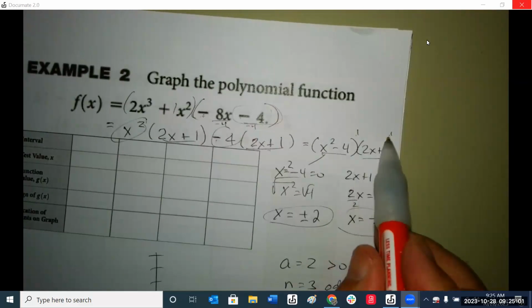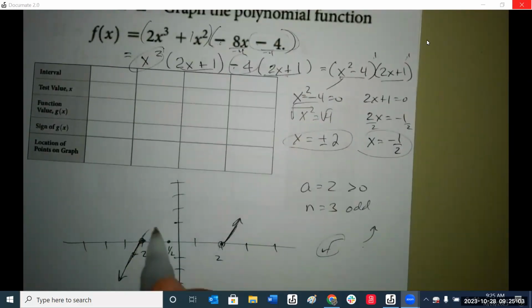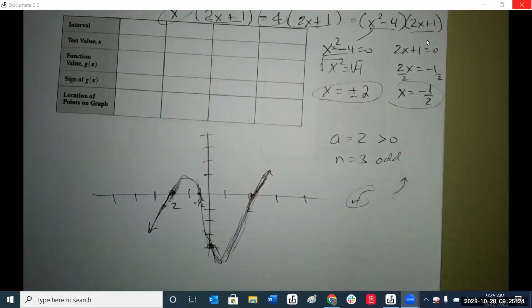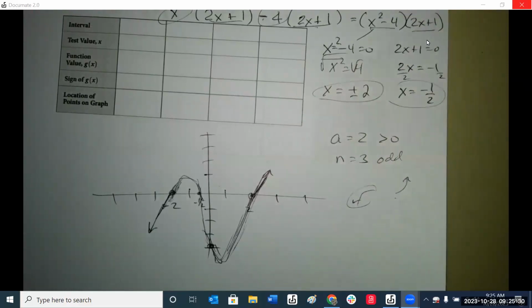Since their exponents are 1, they cross. So it crosses there, and it crosses there, and it crosses there. So there's the basic shape of it. Again, we have to plot some real points and see what we get.